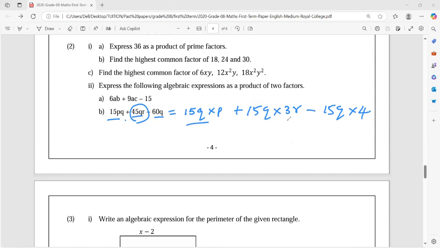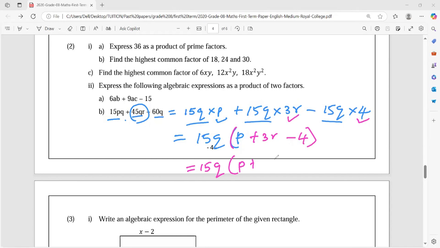Then we have 15Q, 15Q, 15Q. And I'm going to take 15Q out, and in this term, P remains, fine. And in this term, plus 3R remains. In this term, minus 4 remains. So our answer is 15Q into P plus 3R minus 4. Then there are two factors, and we have written the expression as a product of two factors there.